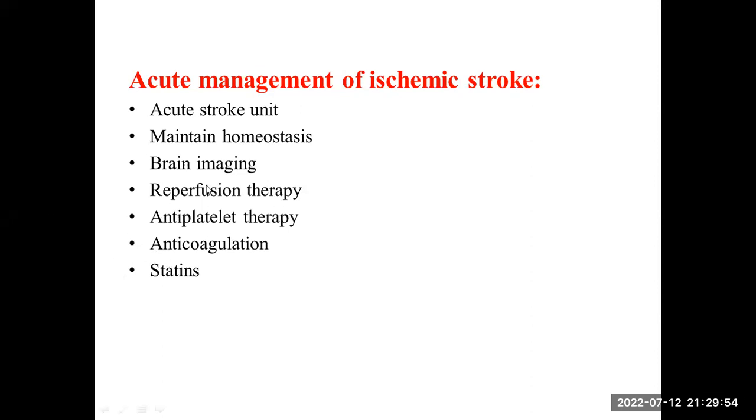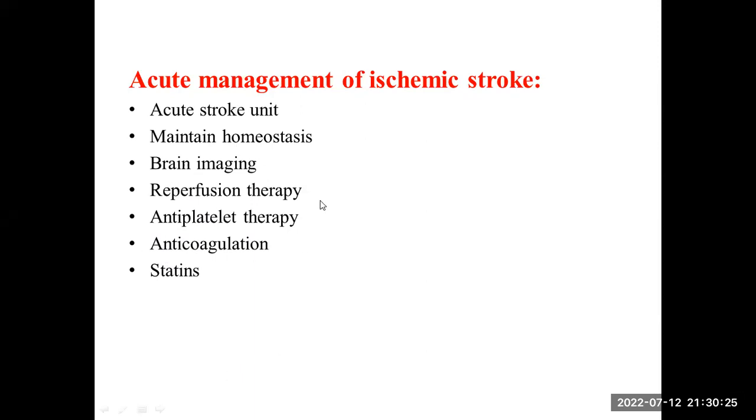Then another element in the acute treatment of ischemic stroke is anticoagulation. Anticoagulation actually is not used in all cases of acute ischemic stroke. The evidence and the benefit from anticoagulation is seen in patients with cardioembolic stroke. When we talked about the mechanisms of stroke in the previous lecture, we talked about cardioembolic stroke as a possible mechanism, and also we talked about other mechanisms like atherosclerosis.